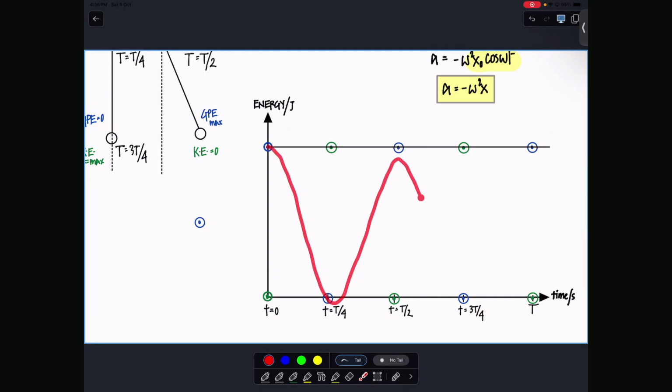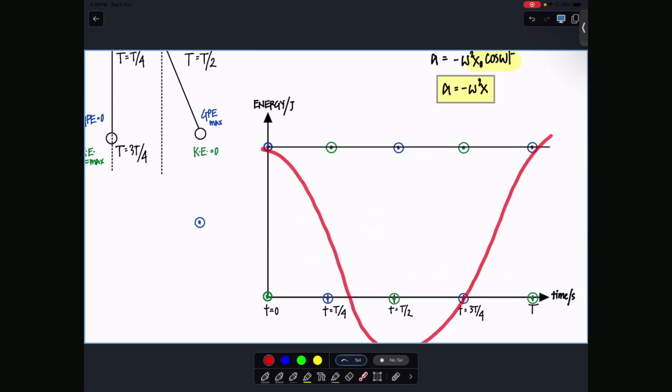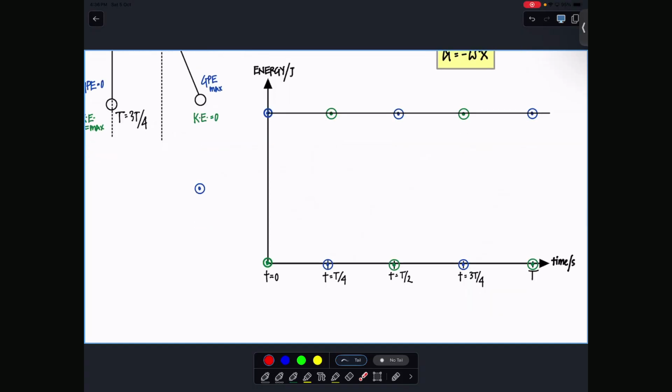Like that, or like a cosine that goes in the negative axis. The thing is, there can't be any negative y-axis value in this graph, because we're dealing with energy. So it will be like a cosine graph, but it's a cosine squared graph. If you square a cosine, have you done cosine squares?